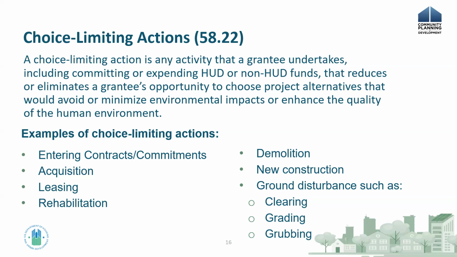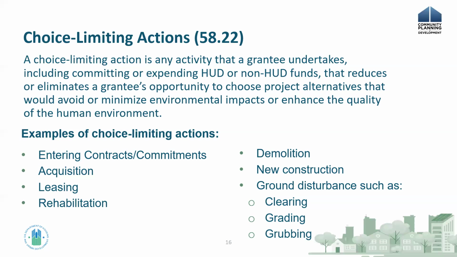If you've done that prior to completing your environmental review, it's considered a choice limiting action. Same thing would be for leasing a structure or a property, or conducting rehab, performing rehab, limiting your choice of doing this project in another location. Same thing with demolition.